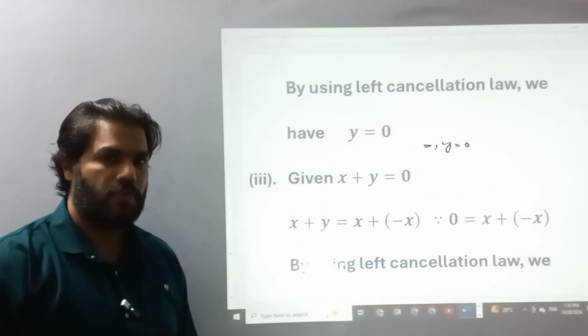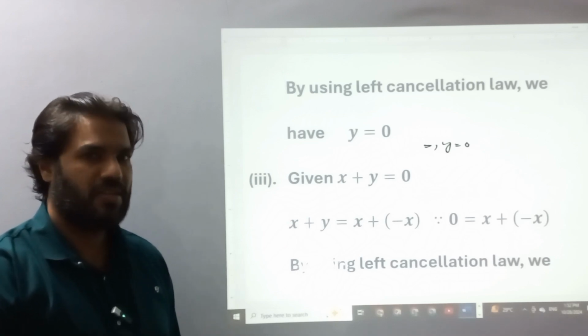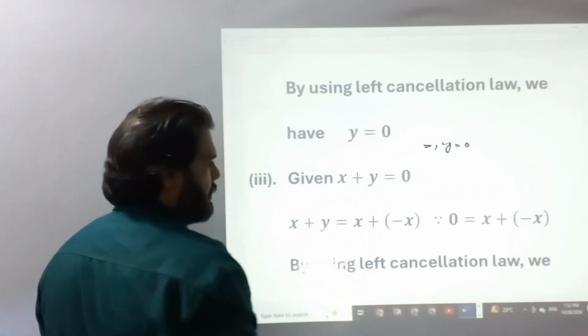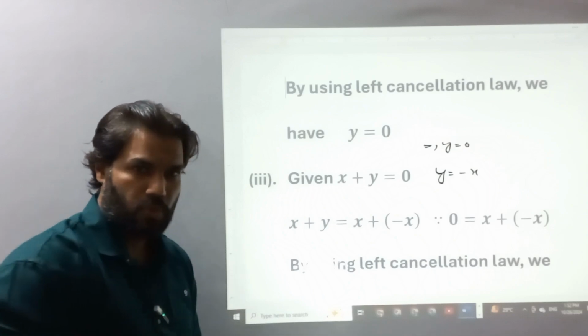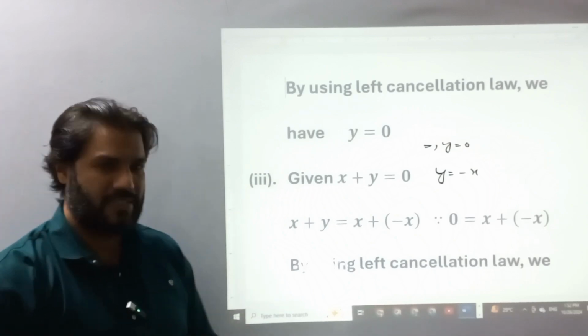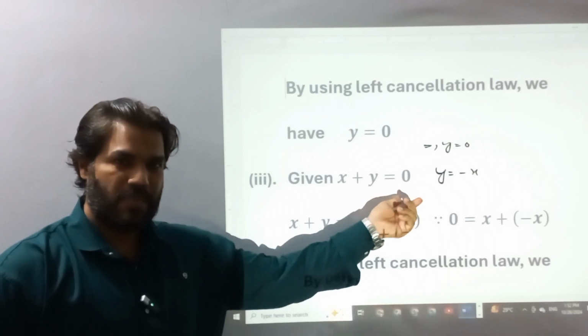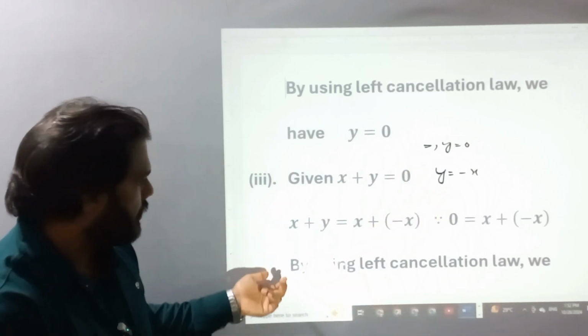Next, a very simple property: if the sum of two numbers is 0, meaning they are additive inverses of each other, then the second number y can be written as the negative of the first. We have to show in the third axiom that, given x plus y is equal to 0, this implies y is the negative of x. This is our requirement.